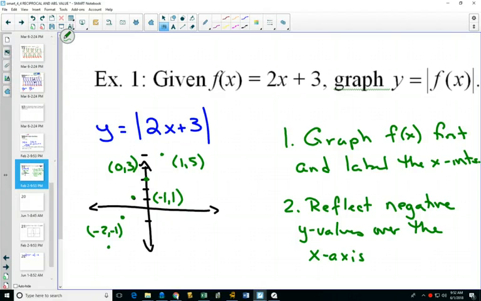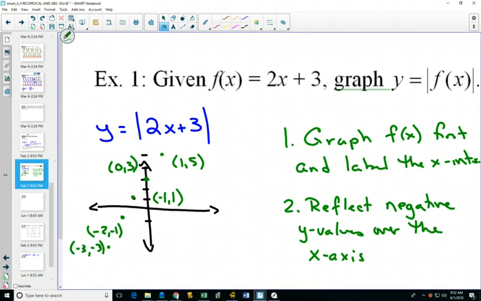I'll do one more. We would have the point negative 3, negative 3.